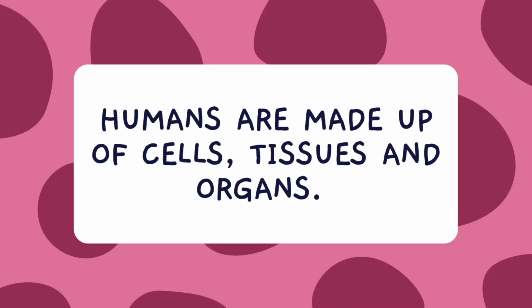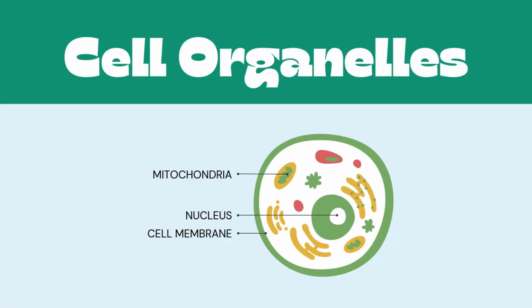So we learned in the last video that humans are made up of cells, tissues and organs, and the complexity of these structures can vary significantly across species. Animals don't replicate human biology, and that's a massive problem. We learned about cell organelles, the substructures within a basic cell, which is the basic building block of all living beings.